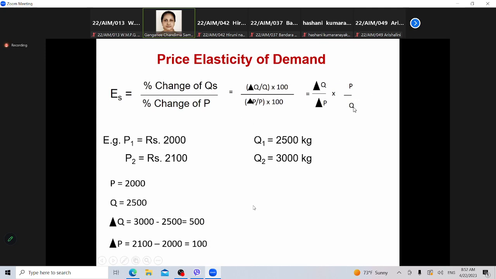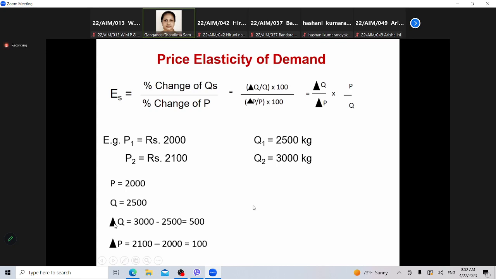Okay. And see, previous prices are given. Afterward price is given. Previous quantities are given and now quantity is given. Previous, these two are there.